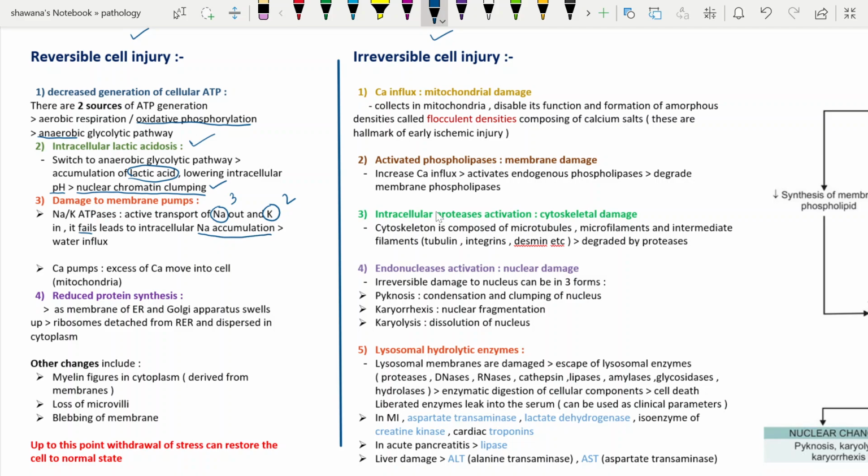Okay, it was normally transporting sodium out, but when it fails, the sodium starts to accumulate inside, and as sodium is a solute, it attracts water, and water influx occurs. Also, the calcium pumps fail, causing excessive influx of calcium, and the calcium accumulates in the mitochondria and damages them. I will discuss this in the calcium influx of irreversible cellular injury.